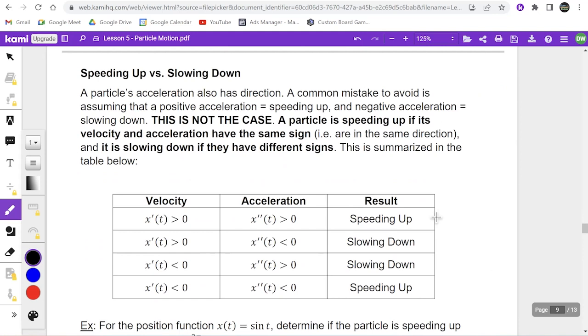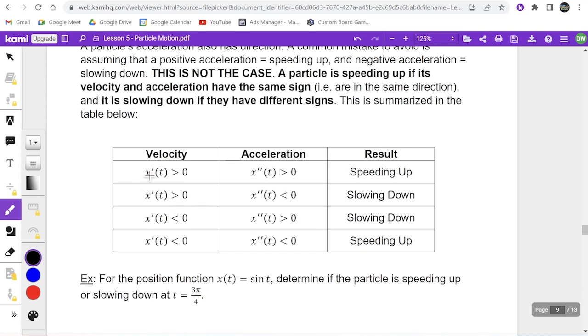Okay, and now finally, the last thing we're going to be talking about today before we do some example problems is speeding up versus slowing down. And it is a question of looking at velocity versus acceleration. Now here's what I made, this very nice chart here with all the 4 circumstances you can have, and let me just put it very simply.